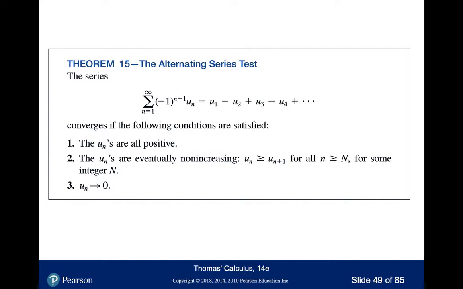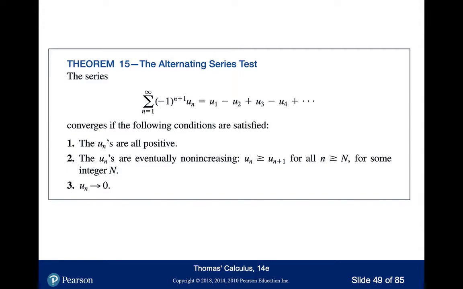So then, again, another way of saying that is it has to be strictly alternating. If you ever end up with two positives in a row or two negatives in a row, you cannot use this test. The second condition is that at some point, the terms have to become non-increasing. It doesn't have to be right away, but at some point in the series, the terms will become non-increasing.